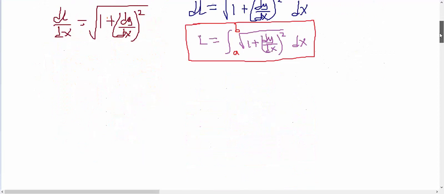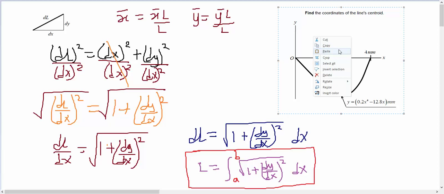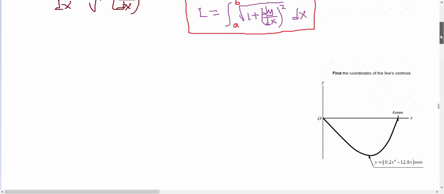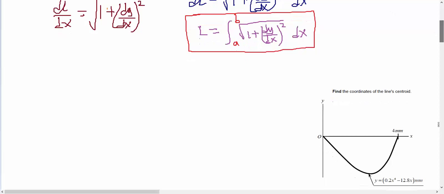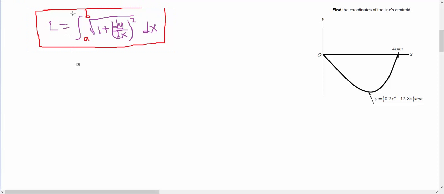So let me scroll down a bit and copy this diagram. Now how can we find dy/dx? Well, dy/dx is simply the derivative of the y we have here, the graph we're given.